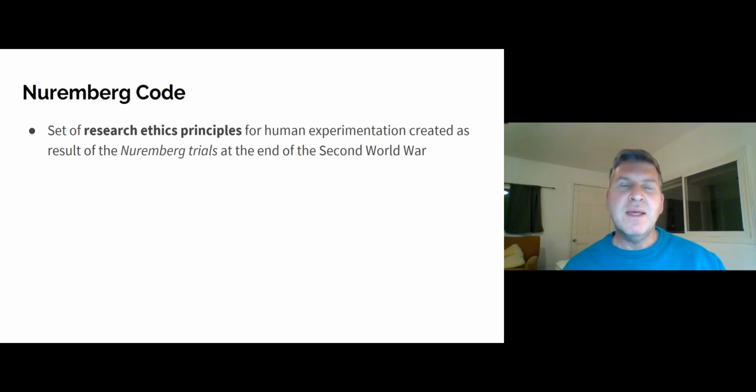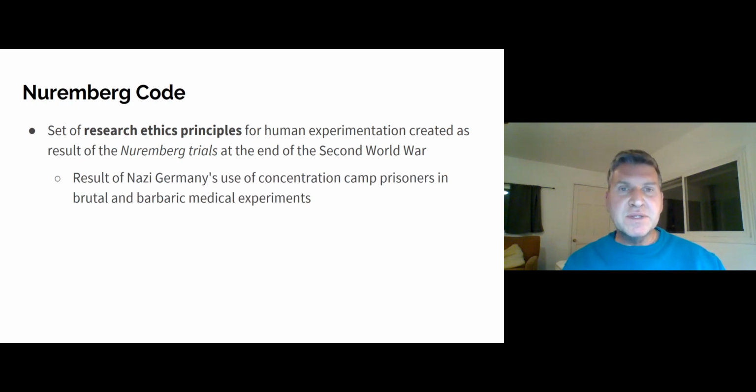If you remember that, they had arrested a bunch of Nazis that were involved with the concentration camps, and they put them on trial. This was a result of how Nazi Germany used the concentration camp prisoners in some rather bizarre medical experiments. You can read about them in lots of different historical journals.